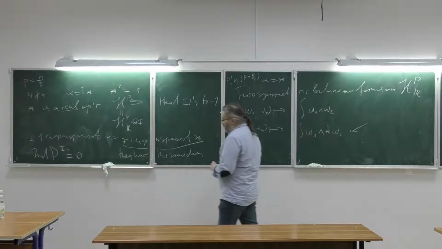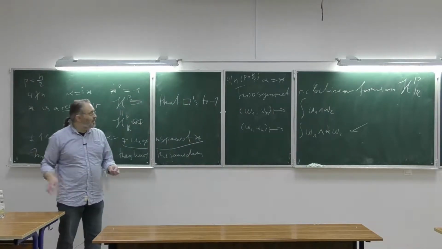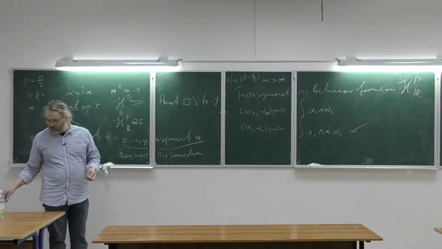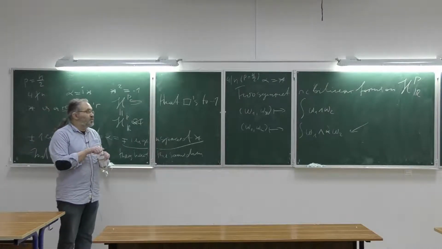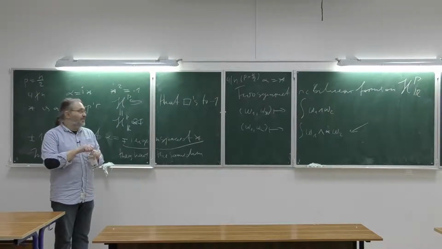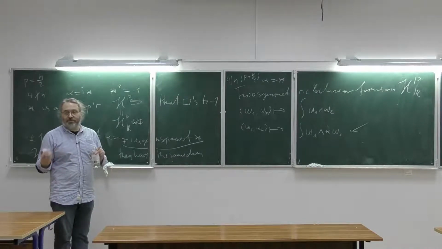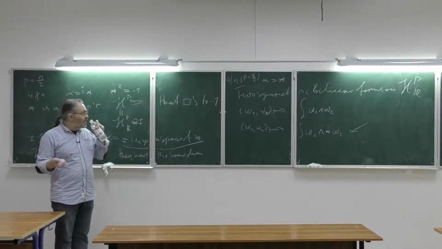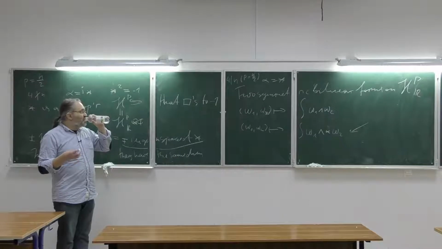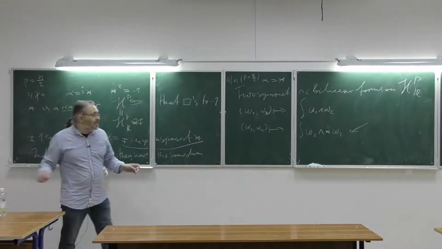And the first one is just the form which we use in the definition of the signature. This is the intersection form.